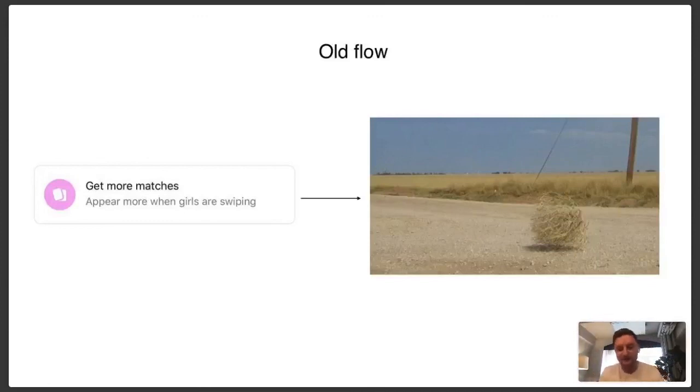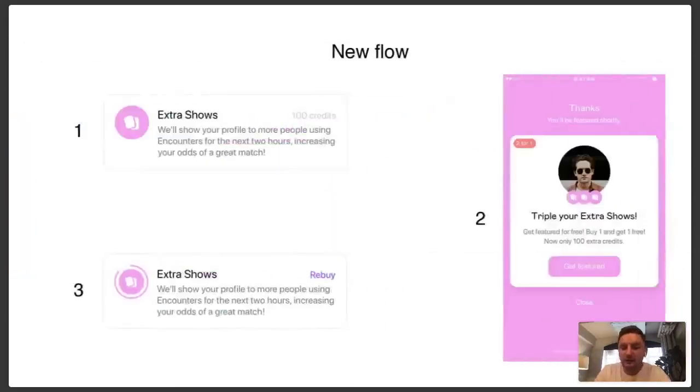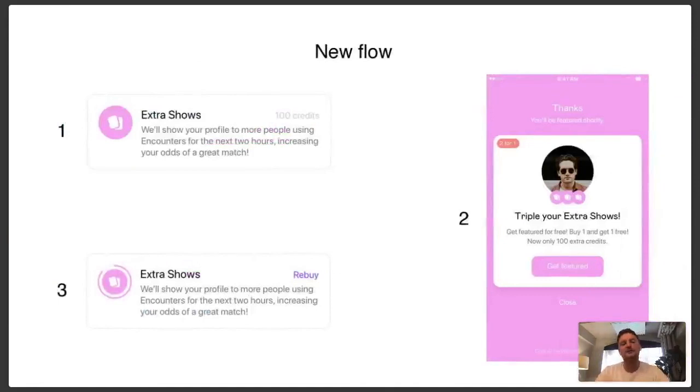We are starting to display the user's profile more in encounters, but the user probably doesn't understand what's happening. So new flow, what we changed? So we changed product copy to make the first step display value better. So we tested this copy several times and made a winning variation.